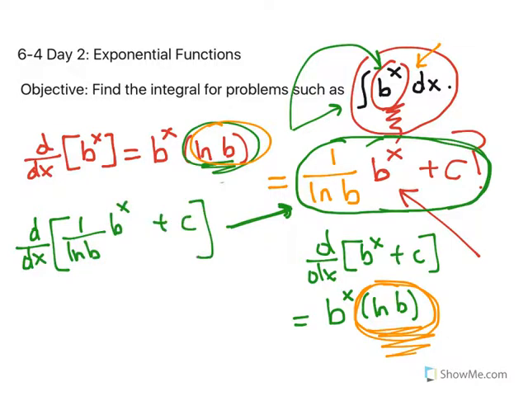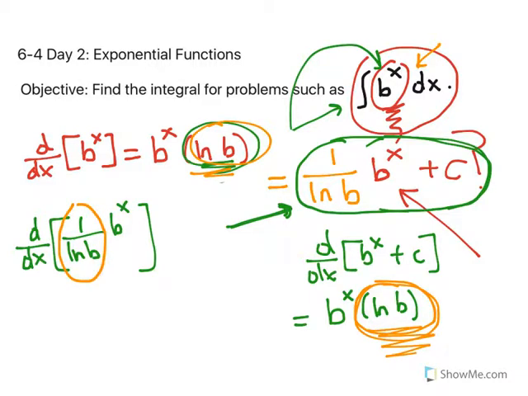Now, when you take the derivative of plus c, you'll get 0, so you can ignore that, and we'll just focus on what we have here. As we discussed a minute ago, natural log of b for a particular value of b is just a constant. So 1 over natural log of b is just a constant.